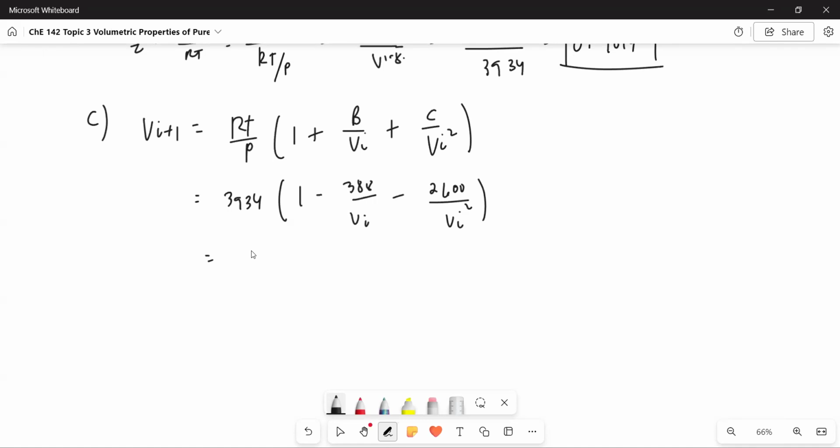Let me check first. Okay, so I identified the error. This should be 26,000, not 2,600. And that caused the error in the iteration. So let me correct that and go back to the iteration.